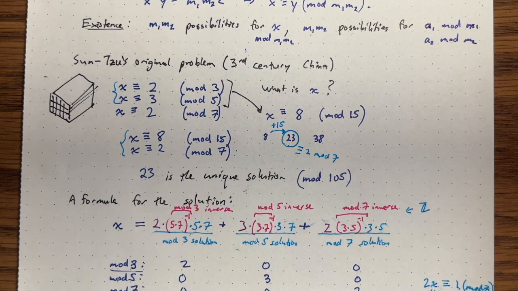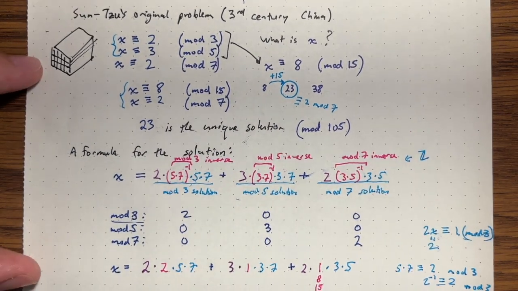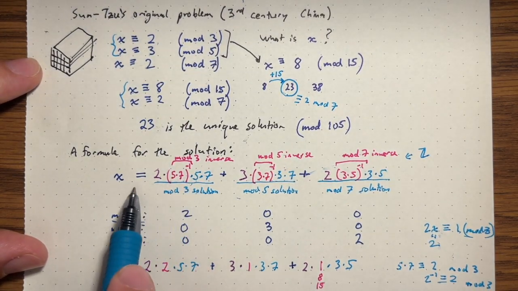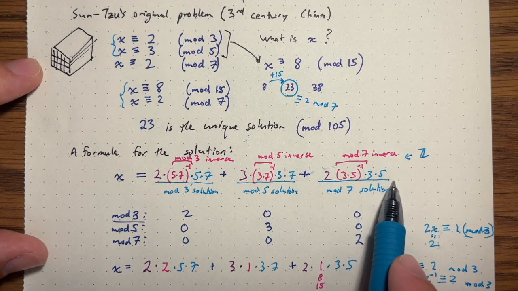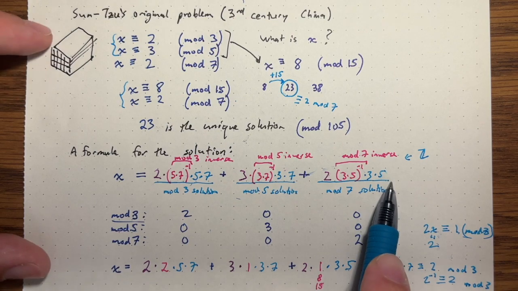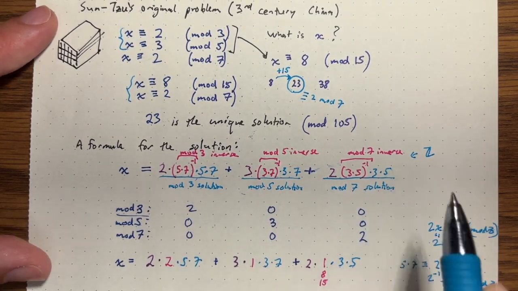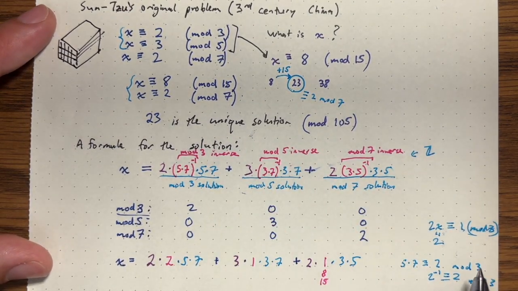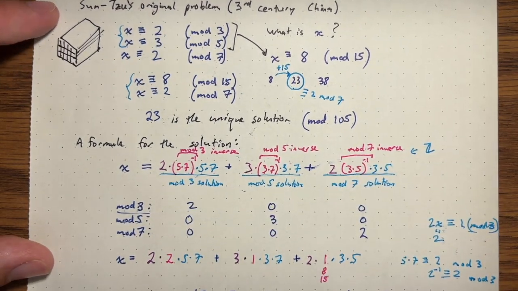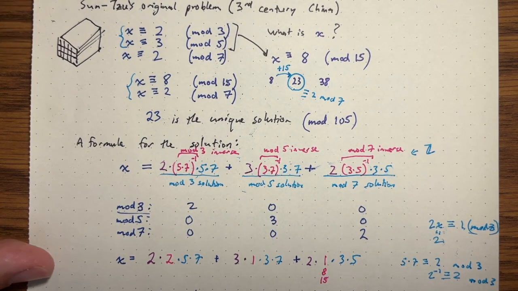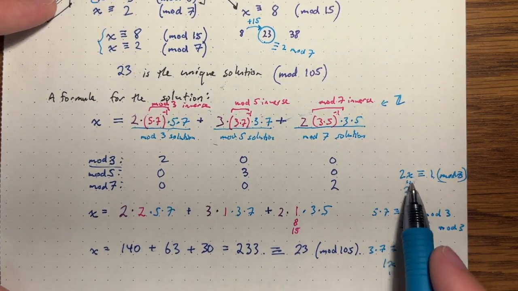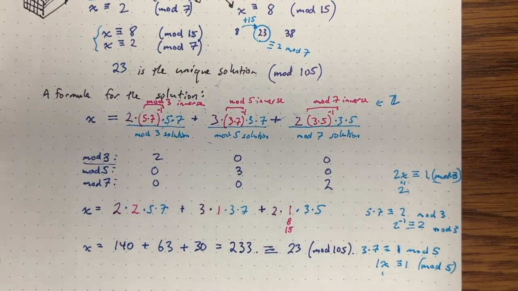I'll state the more general version of Sun Tzu's theorem down here. Before I do, the other reason this is important is this is actually very fast to do with a computer, computationally. And the reason is, to find these modular inverses, if you remember in the previous lecture, what we did was we solved an equation using Euclid's algorithm.